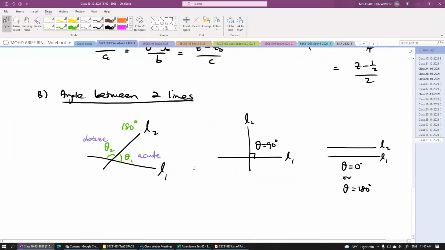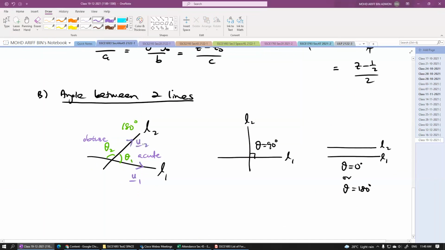Where is the parallel vector for L1? It can be anywhere as long as it is parallel to L1, quite close to L1 or maybe far away. But for this case, I just consider our parallel vector located here on this line, just to represent that it is a parallel vector. It can be close, it can be far away, but for this case, I put it like this. This is your parallel vector. Same goes to line 2.